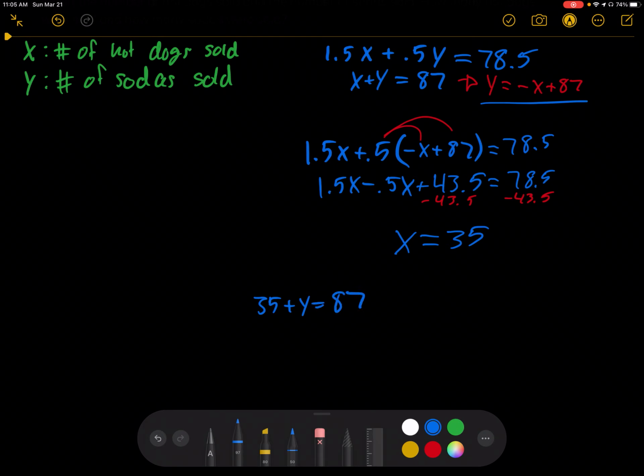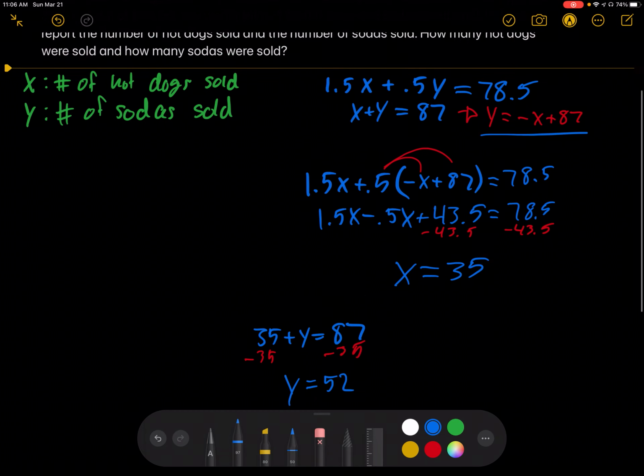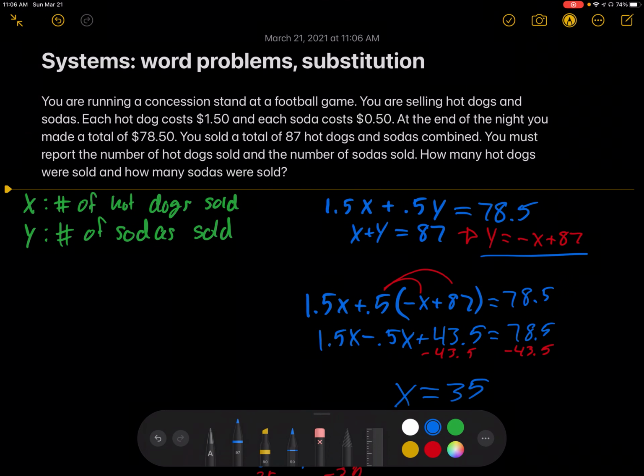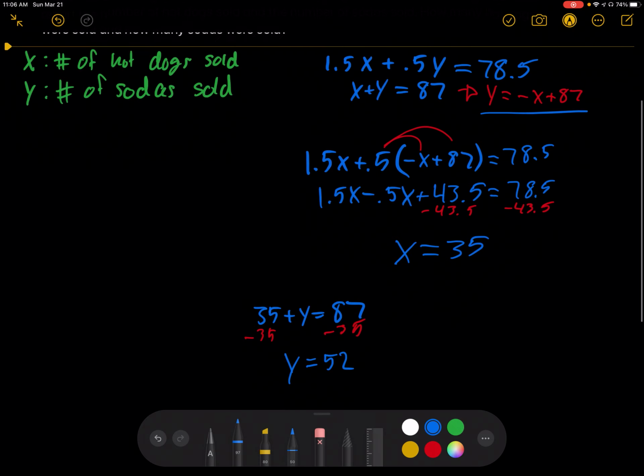So to solve that, you just do minus 35 on both sides, and then we can get our final solution, which is that y is 87 minus 35, which is 52. So our final answer of how many hot dogs were sold and how many sodas were sold is 35 hot dogs and 52 sodas. And that works for both of our equations that we wrote at the start. So that's the final answer, and we're all good.